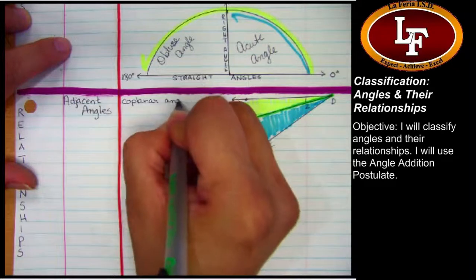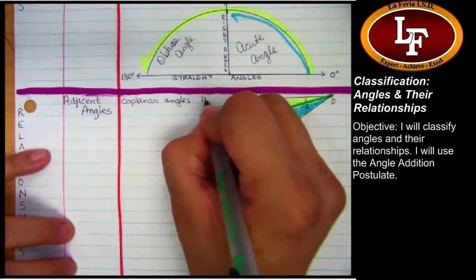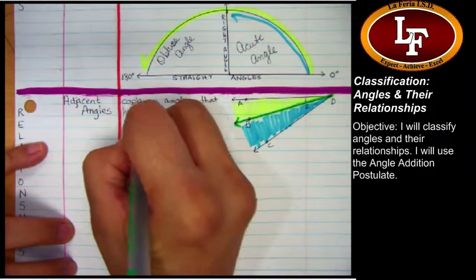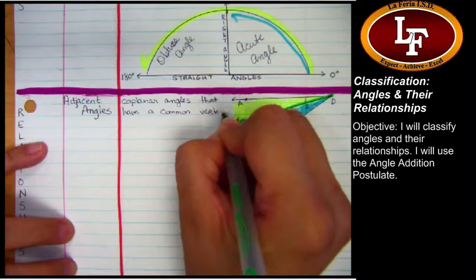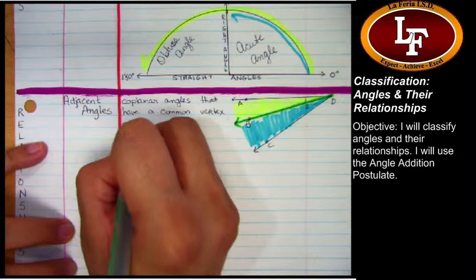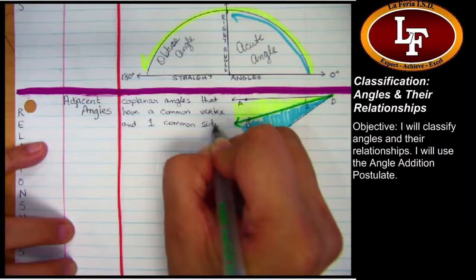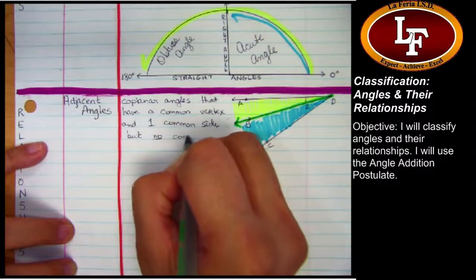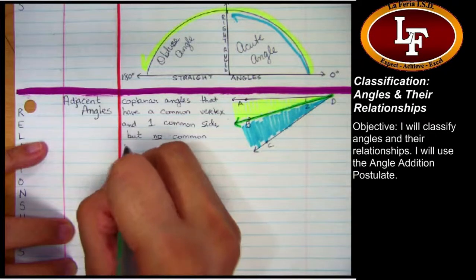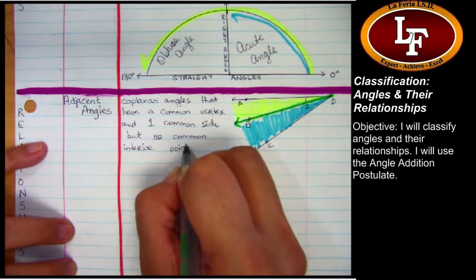We're going to be specific that we need these angles to be on the same plane, so I'm going to say that they're coplanar angles, and they have a common vertex, and one common side, but no common interior points. So nothing on their insides are shared between them.